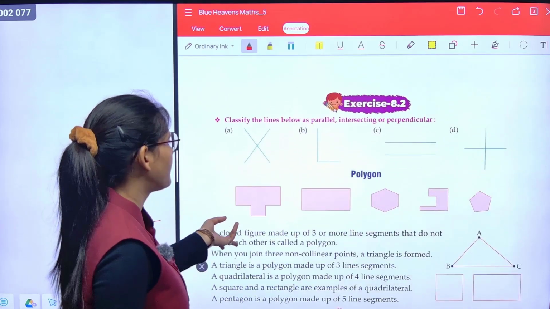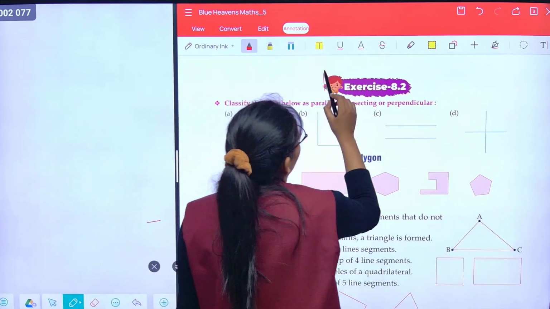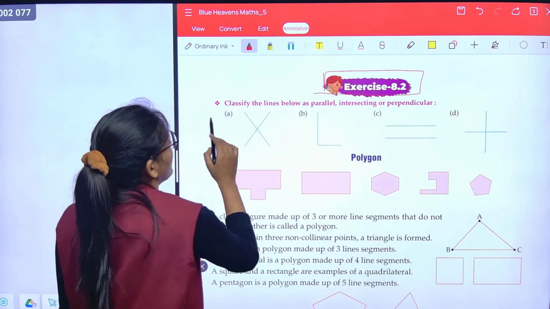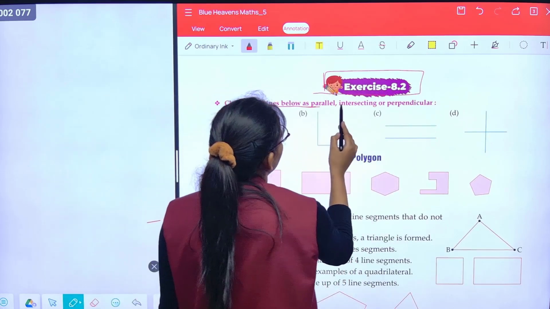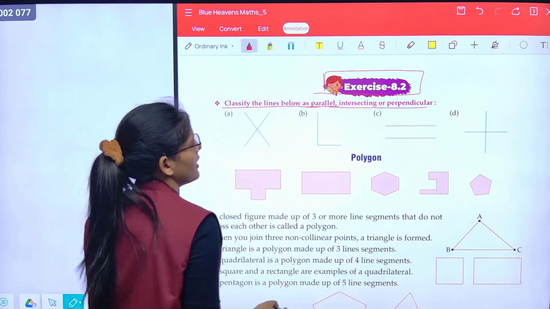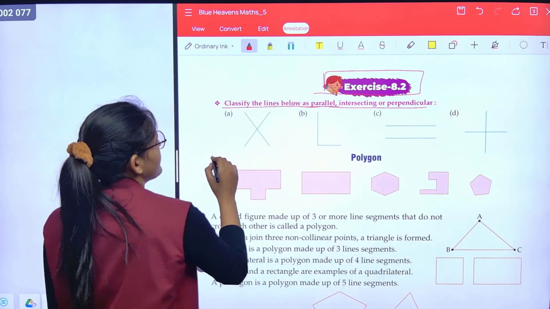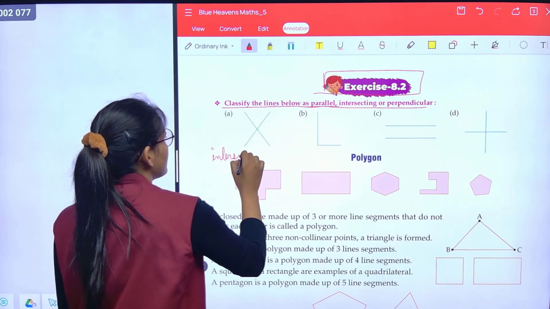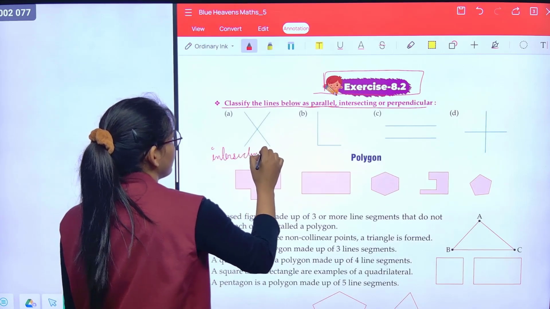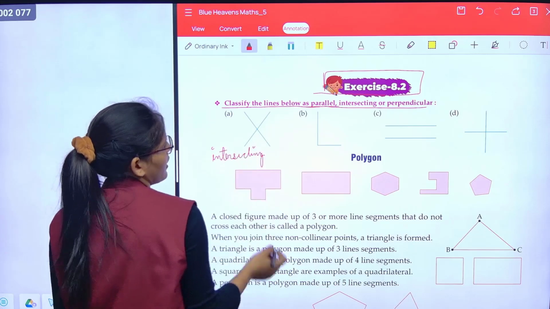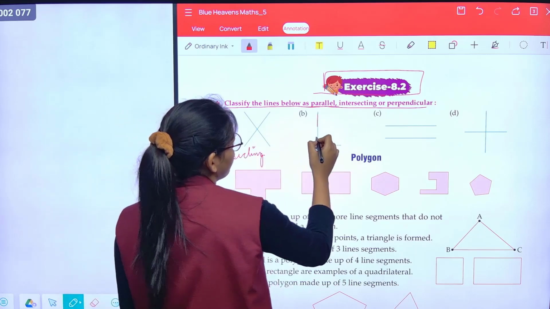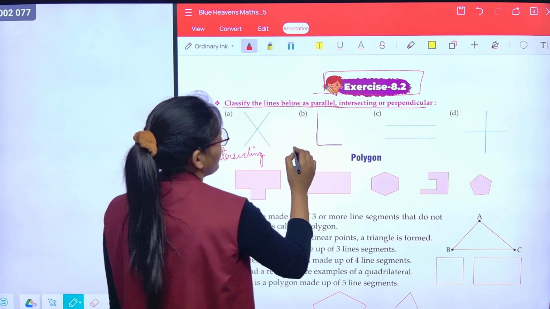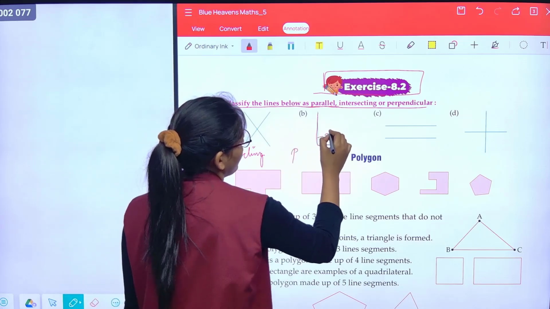Now class, come on exercise 8.2. Classify the lines below as parallel, intersecting or perpendicular lines. Class, it is intersecting lines. Now class, perpendicular because 90 degrees.